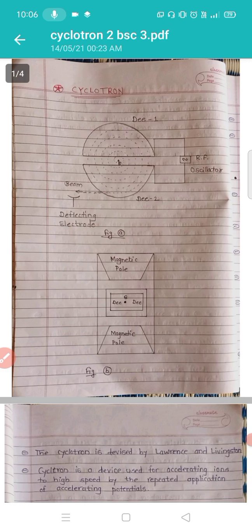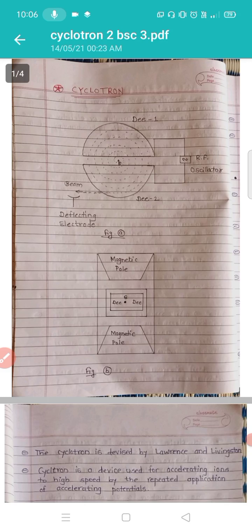When it comes out of the D, it again comes under the influence of the electric field. The electric field accelerates the charged particle. When it comes in D2, D2 becomes positive and D1 becomes negative because of the changing polarity. When it comes out of D2, it is again influenced by the electric field and gets accelerated.